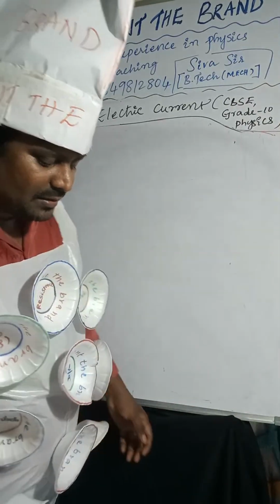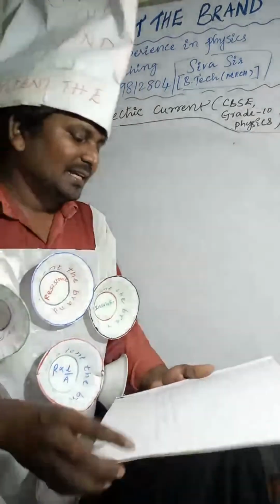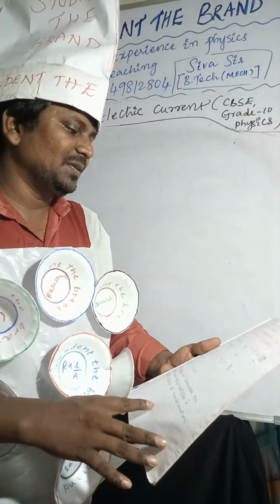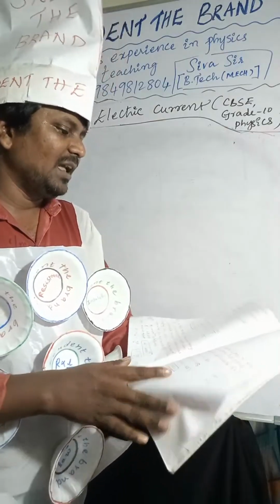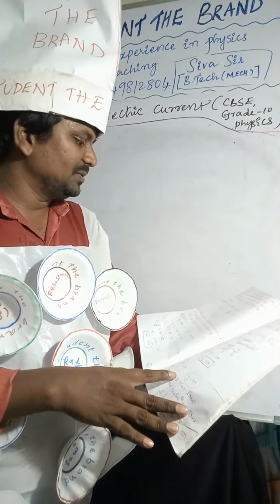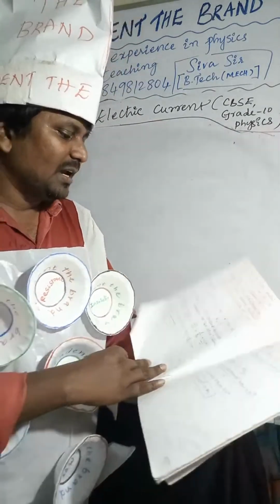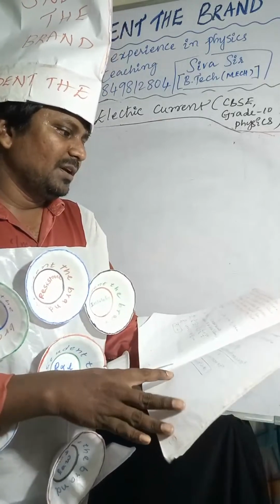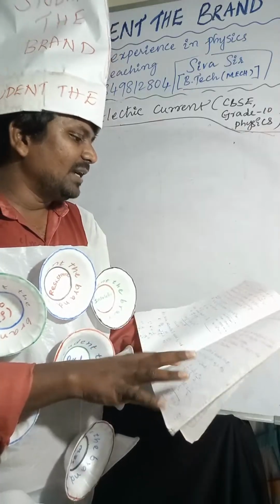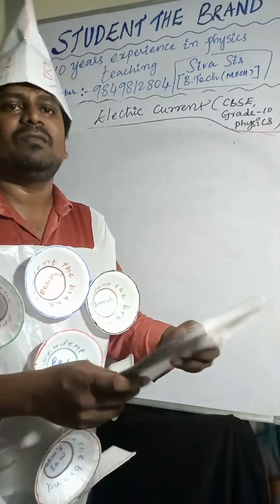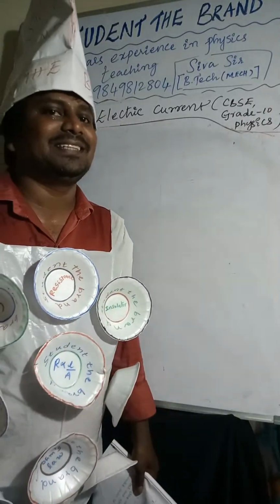Distance is positive along the incident ray, and negative opposite to the incident ray. Distance is positive above the principal axis and negative below the principal axis. This is the new Cartesian sign convention.